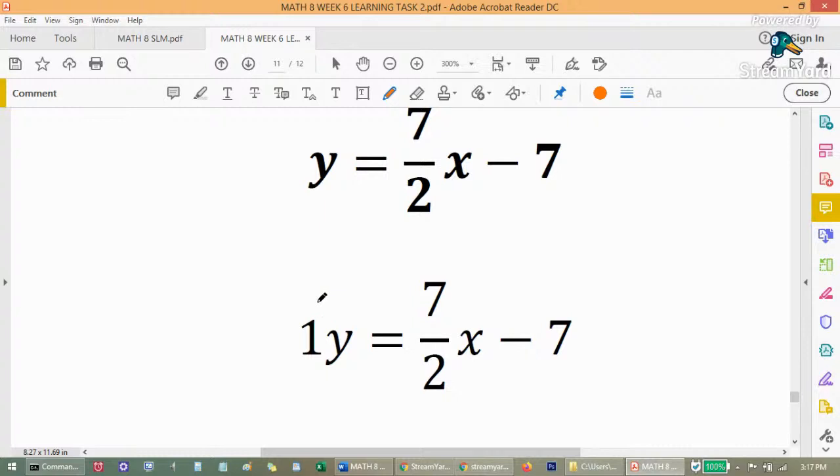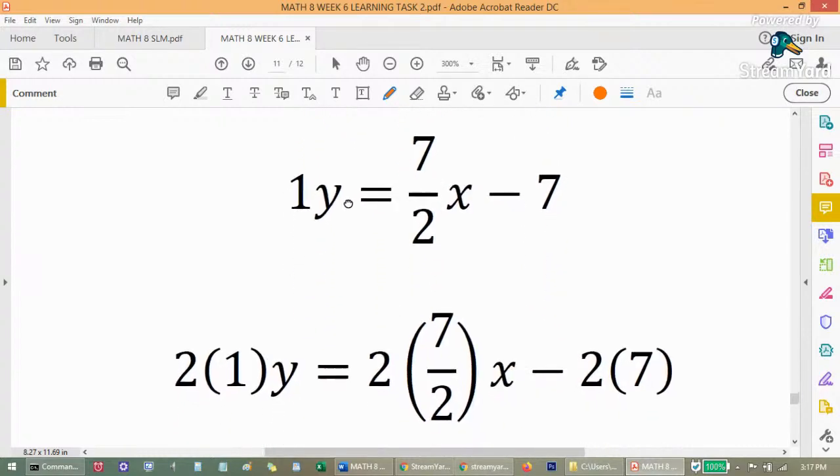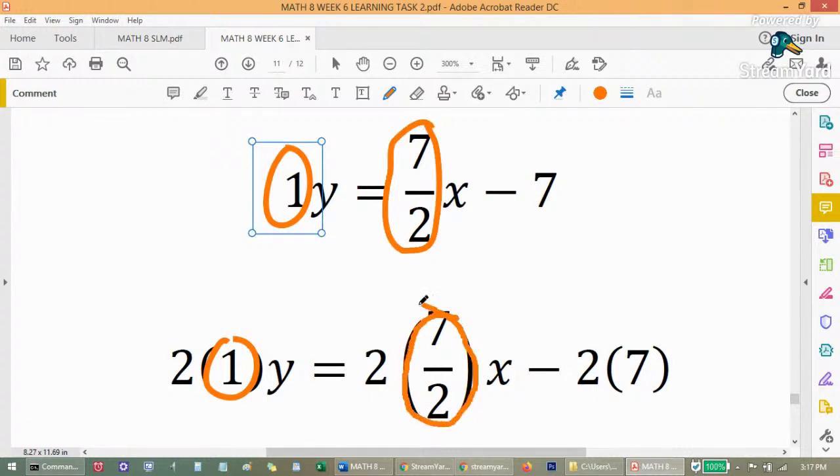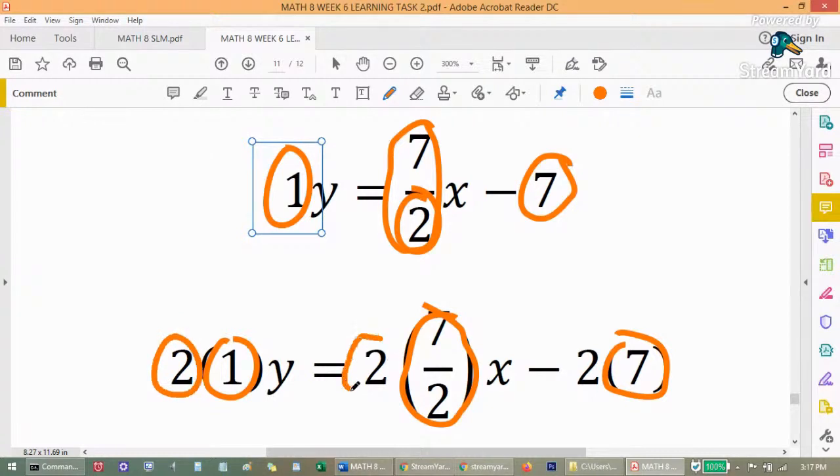And then, all of these coefficients, this 1, this 7/2, this 7, we will multiply by 2. Okay, so times 2, times 2, times 2.